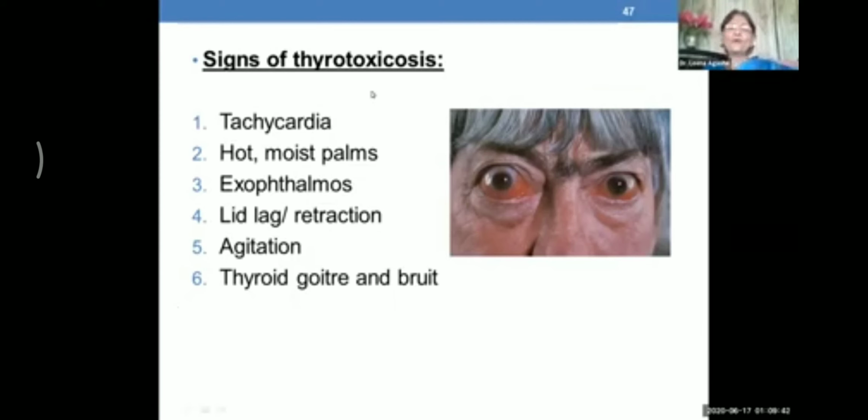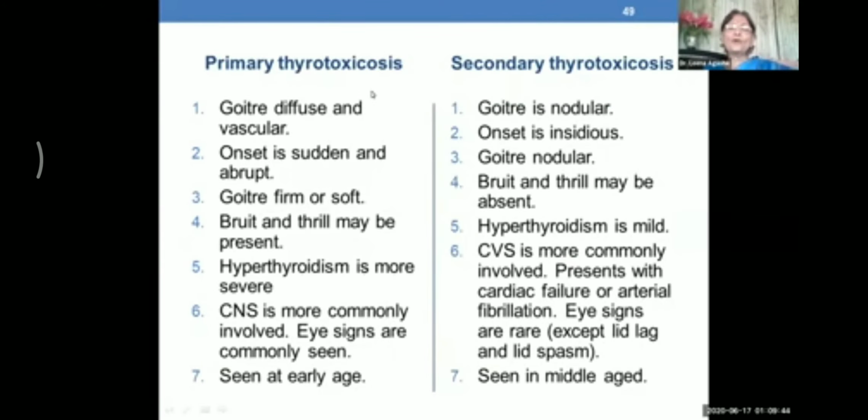If we want to compare primary thyrotoxicosis and secondary thyrotoxicosis, see, these questions are asked in your practical examination when you are given a case of thyroid swelling, or in your grand viva. In primary thyrotoxicosis, goiter is always diffuse and vascular. In secondary, goiter is nodular. In primary, onset is sudden and abrupt, whereas in secondary thyrotoxicosis, it is slow and insidious.